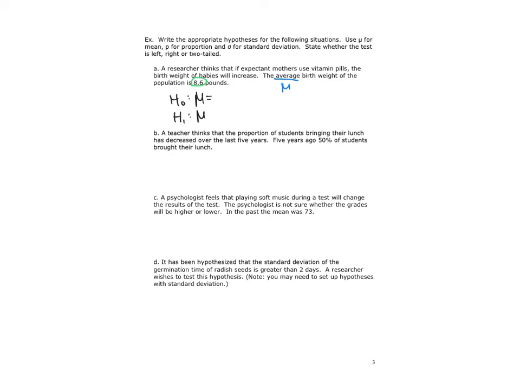And that's what our null hypothesis will say, that mu is equal to 8.6. The claim is that the birth weight of babies will increase, so our alternative is going to be mu is greater than 8.6. Because the alternative hypothesis has our parameter greater than a specified value, that makes this a right-tailed test.